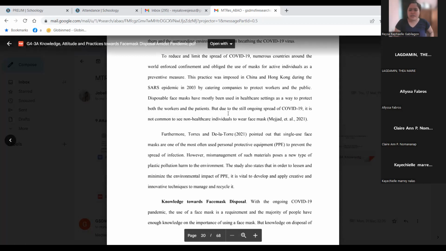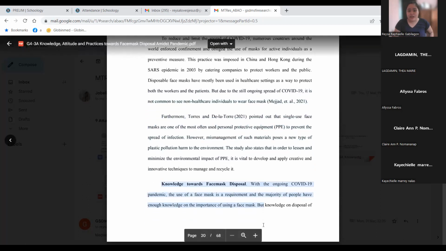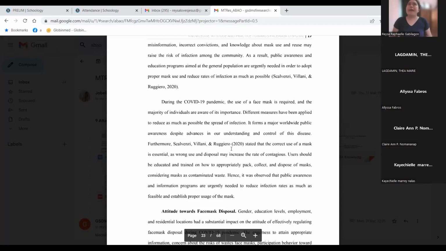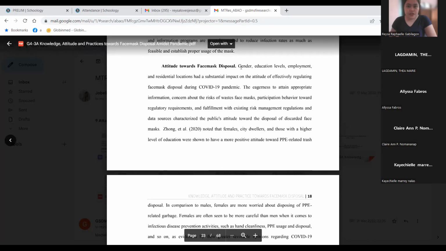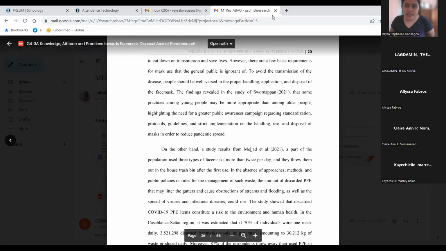Here there's no connection between one paragraph and another, so they added titles. This is called a thematic strategy, and most of the panelists in our institution prefer this because it's easy to find things. If they want to read about a certain topic, they just look it up based on the titles. Again, that's the thematic strategy.